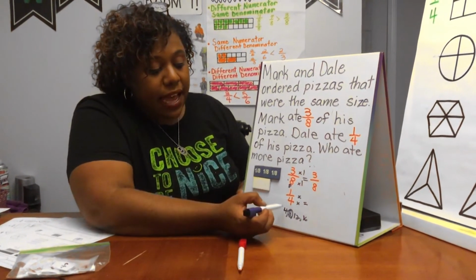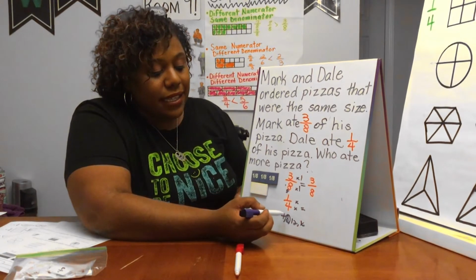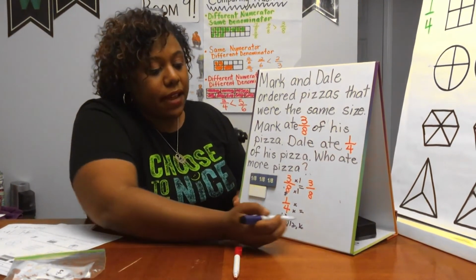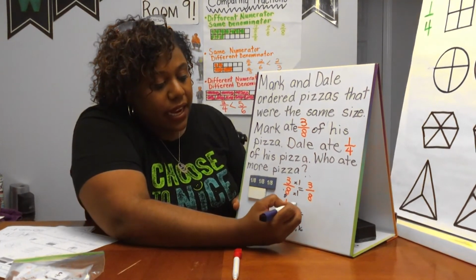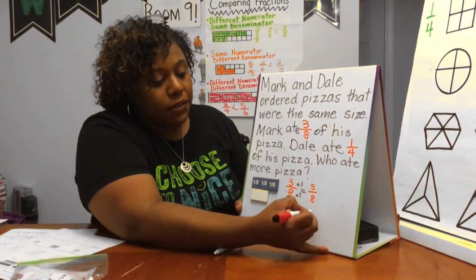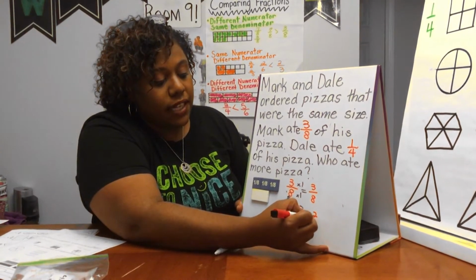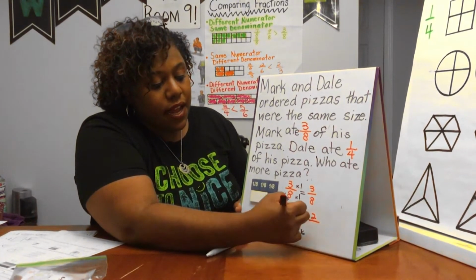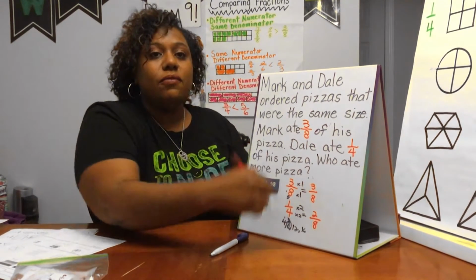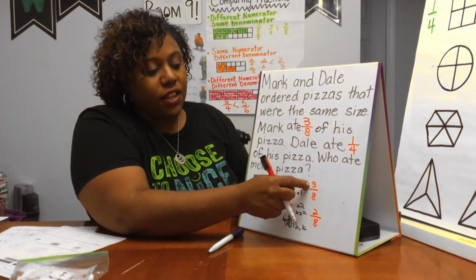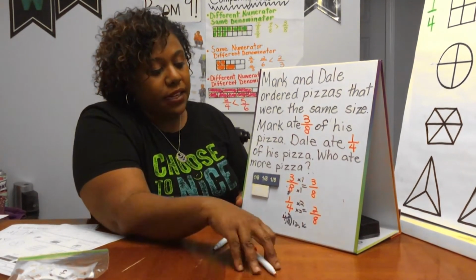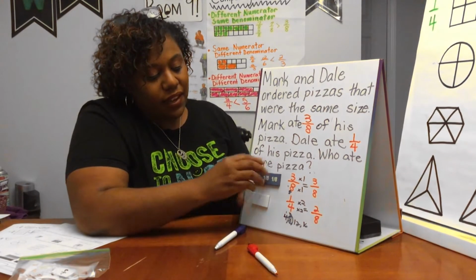But how many times did we count by 4 to get to 8? 2 times. So if we multiply times 2, 1 times 2 is 2, so that numerator is now 2, and 4 times 2 is 8. Now, we can compare that, can't we? 3/8 and 2/8. Well, the denominator is the same, right? Look at this.